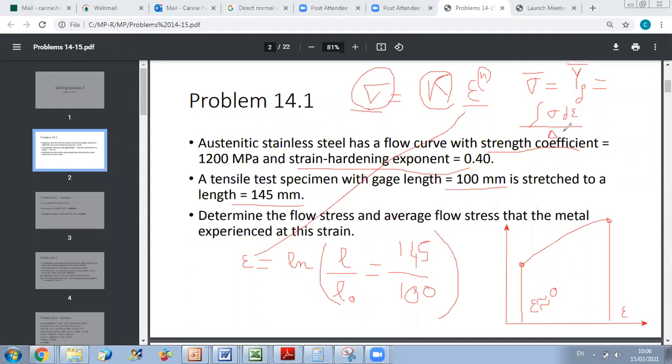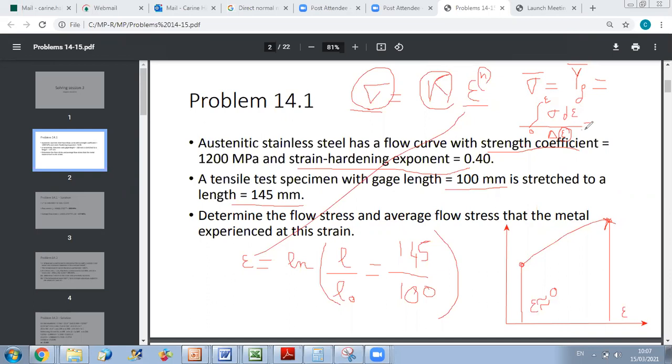Okay. Now I will integrate from the start of the strain hardening curve to my point of interest. So here from 0 to epsilon. And since I consider that epsilon at the beginning is nearly 0, then I can replace delta epsilon just by epsilon, because it's epsilon minus 0.